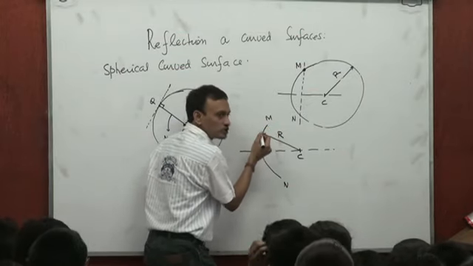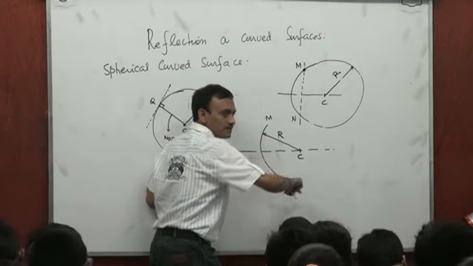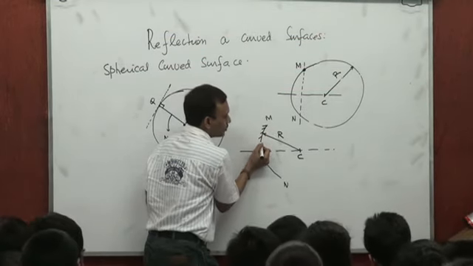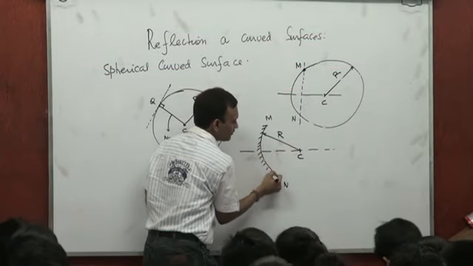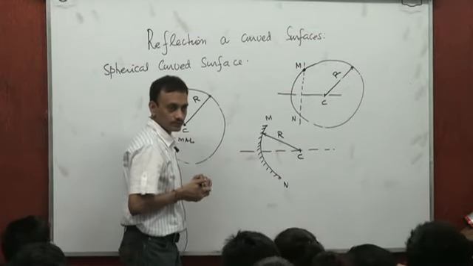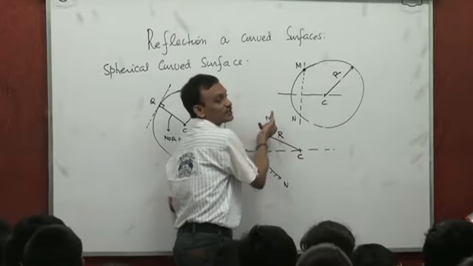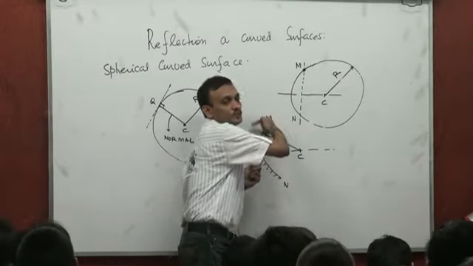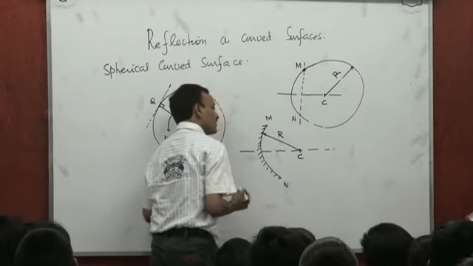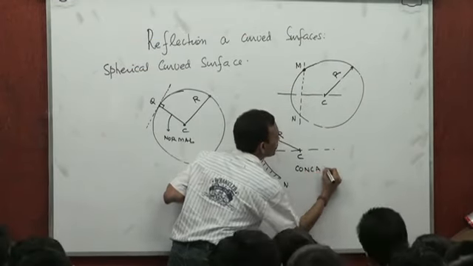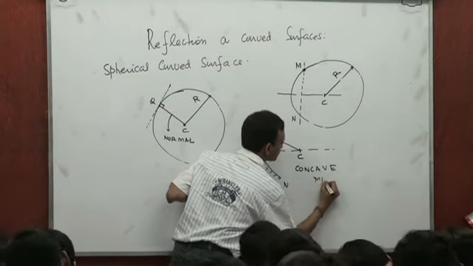Now, two possibilities. This MN can be silvered on the bulging portion, and the portion that is inside could be used as a reflector. When you do that, the mirror formed is a concave mirror.